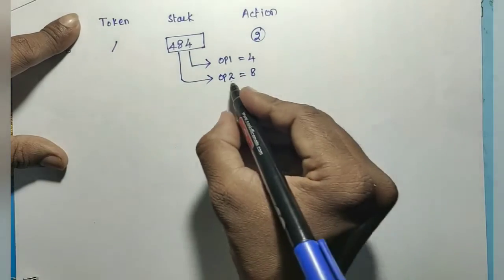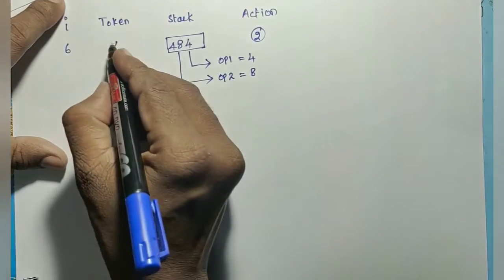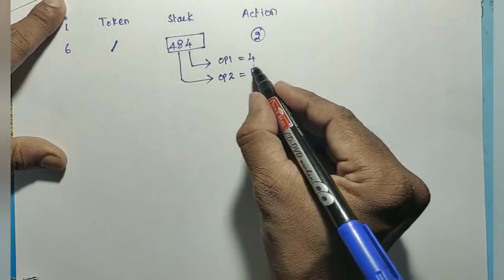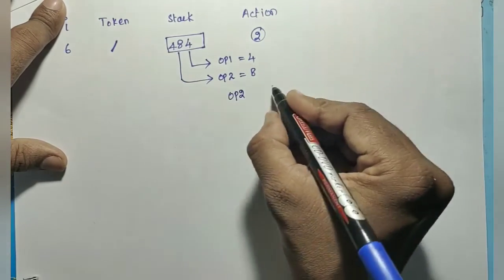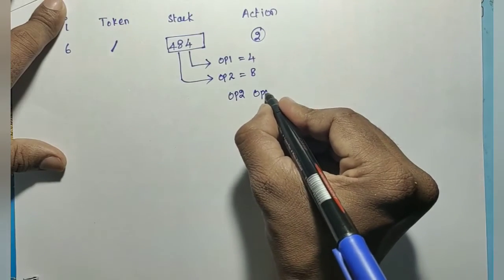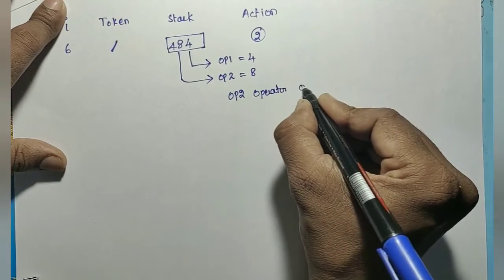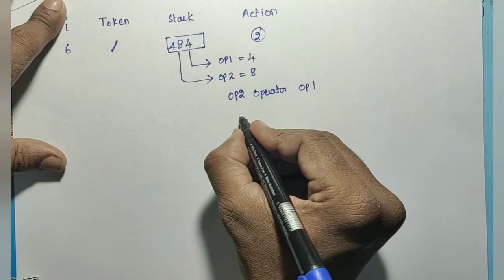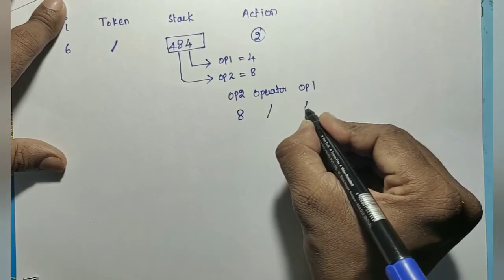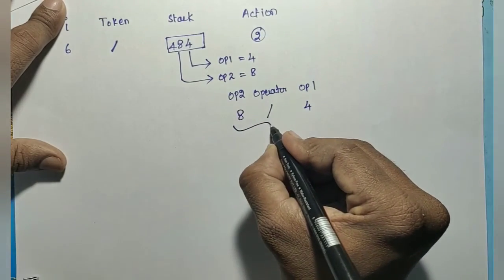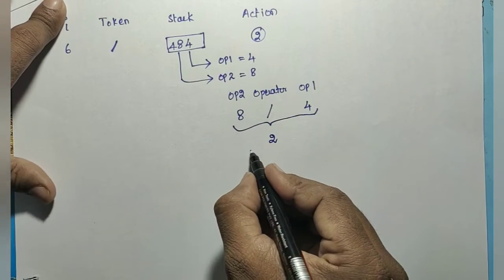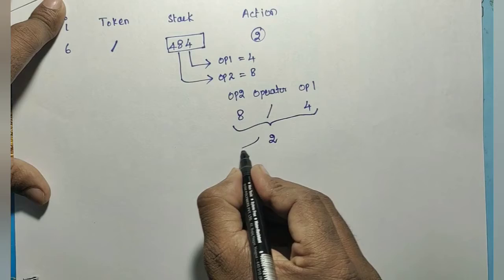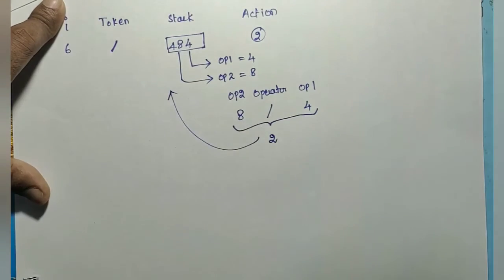So I need to perform the division between OP2 and OP1. So OP2, then operator, and then OP1. So 8 divided by 4. The result is 8 by 4, that is 2. The 2 is going to be pushed back to the stack. So that is a simple action.